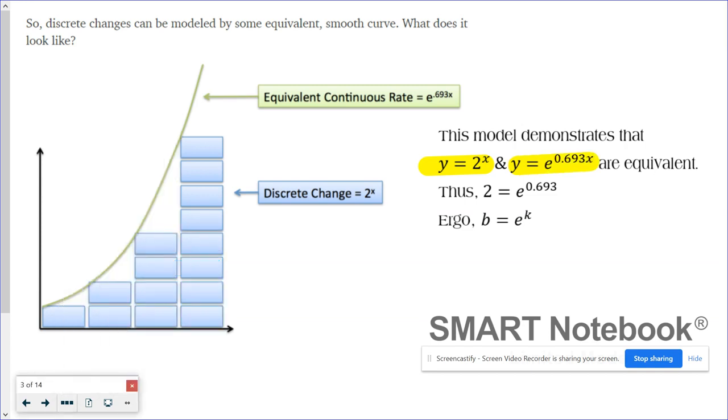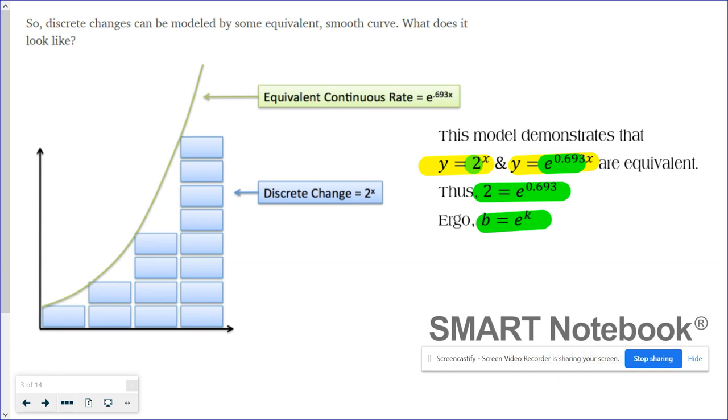Therefore, 2 is equal to e to the 0.693 power. So, in other words, for all base b exponential models, we can say b is equivalent to e to the k power. And that's how we can convert from a base e exponential function to a base b exponential function.